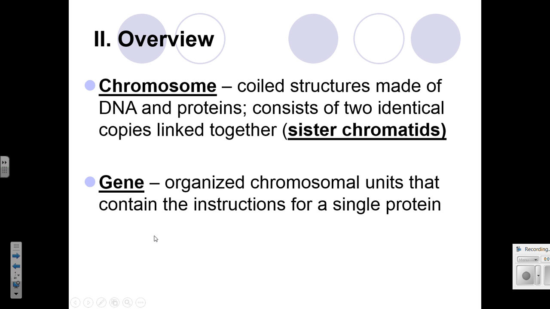Okay, some terms that you're going to need to know. A chromosome is basically DNA that has been coiled up and is short and fat, and then they're going to be linked to their sister chromatid. Now, if you remember, in the cell cycle that we just learned about, the sister chromatids are made during the S phase of the cell cycle. So, at this point, when mitosis is getting ready to start, every cell has a copy of each chromosome in the cell.